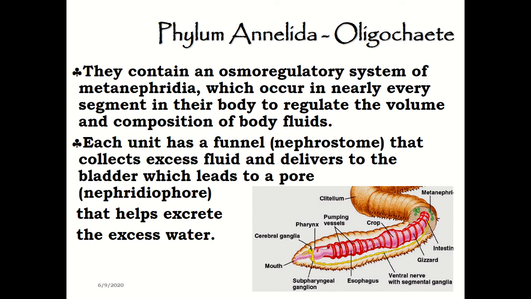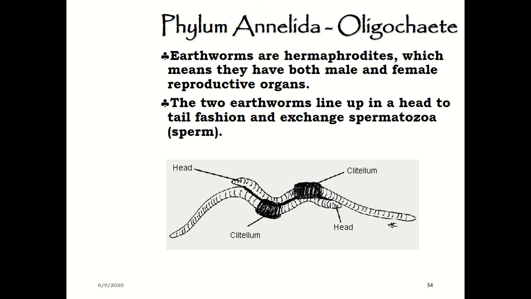Each unit has a funnel known as the nephrostome that collects the excess fluid and delivers it to the bladder, which leads to a pore called the nephridiopore that helps to excrete the excess water. So remember, the nephridiopore is the one that helps to excrete excess water from the earthworm body.